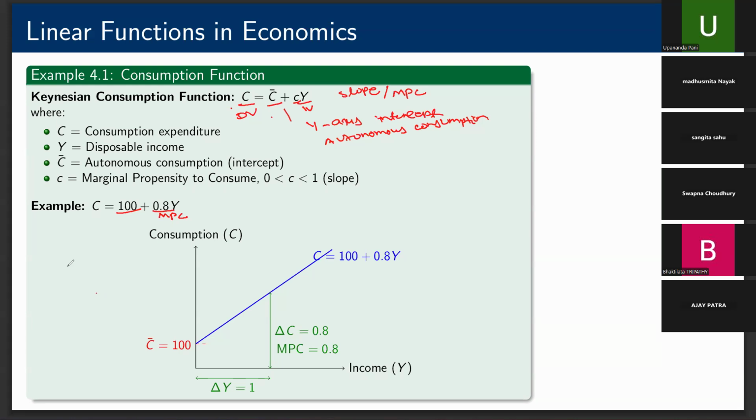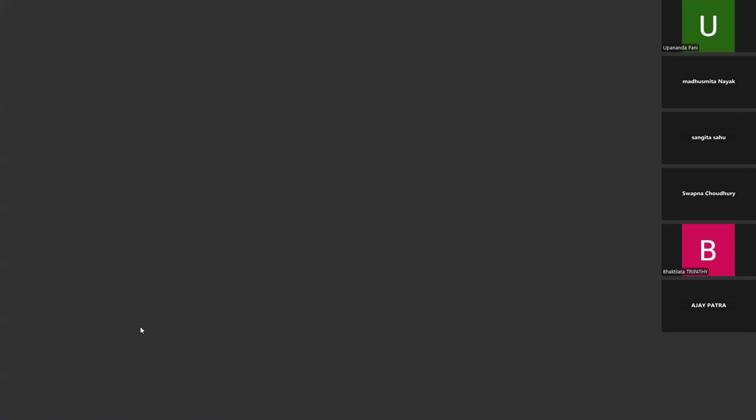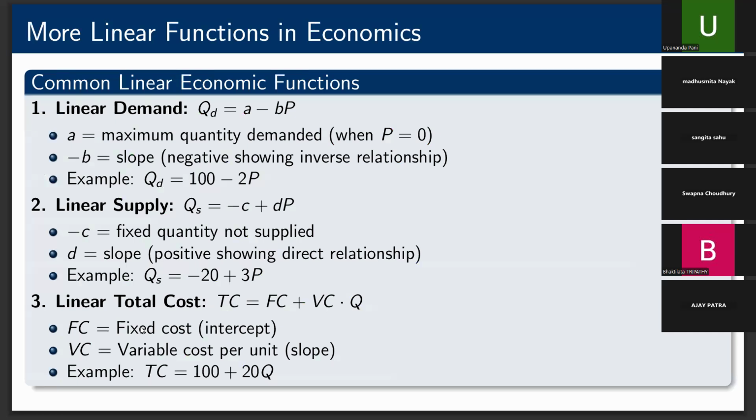For different economic functions, we interpret the slope differently. We have separate names for that. Okay. Now, some common linear functions. Quantity demanded as a function of price.